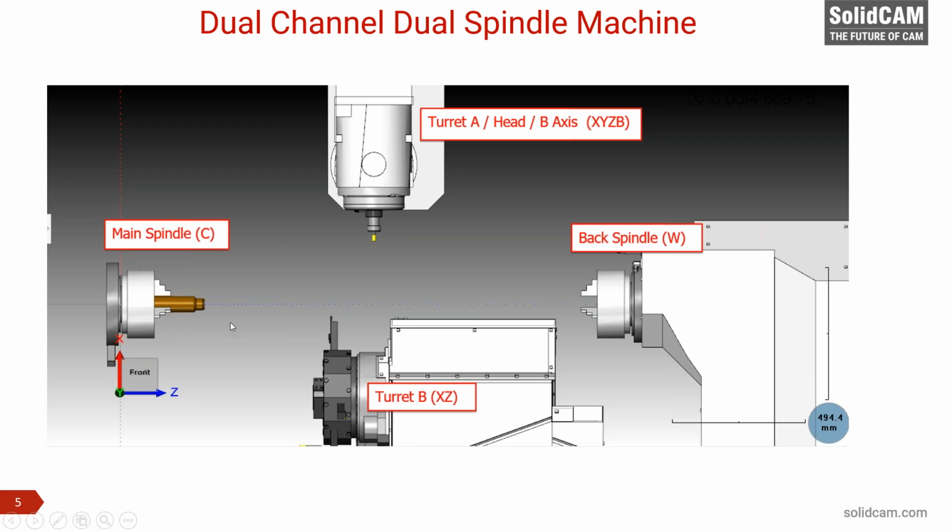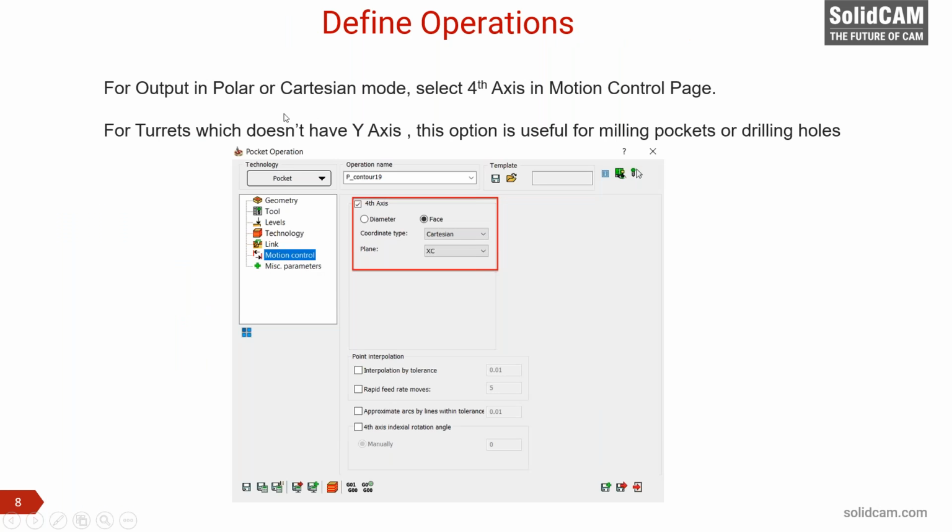Now, to mill this pocket, you should have X, Y, and Z, but we have an option where we can define the output in polar or Cartesian mode.